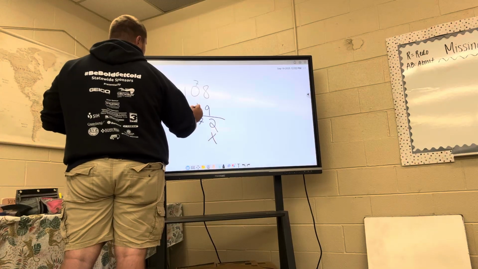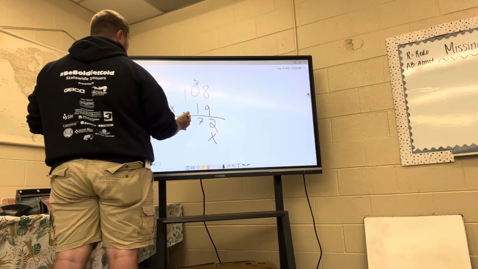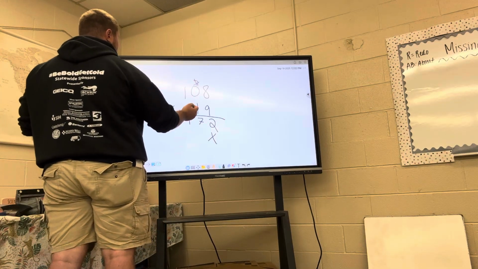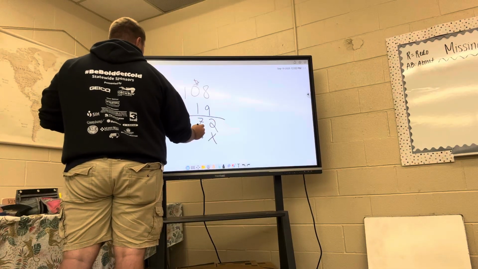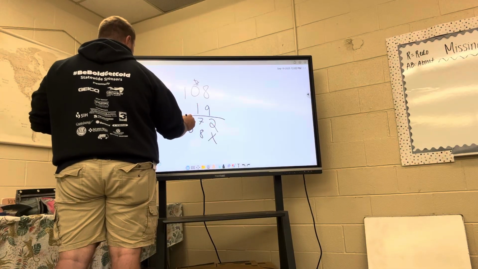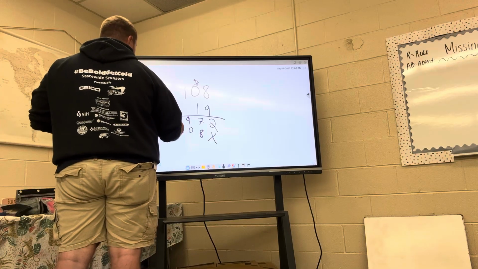Make sure we account for our 0 because we're shifting over a whole column to do the 1. So, because the 1's in the tens place, we have to shift over. 1 times 8 is 8, 1 times 0 is 0, and 1 times 1 is 1.